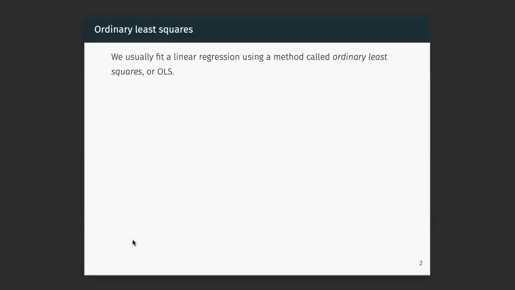Sorry, one more thing. Technically, beta 0 and beta 1 have some true value out in the world, right? There's some unobserved true value for the beta 0 and beta 1 that describe the linear relationship between x and y. But we live in this imperfect world where we've only observed a small set of things called our data.